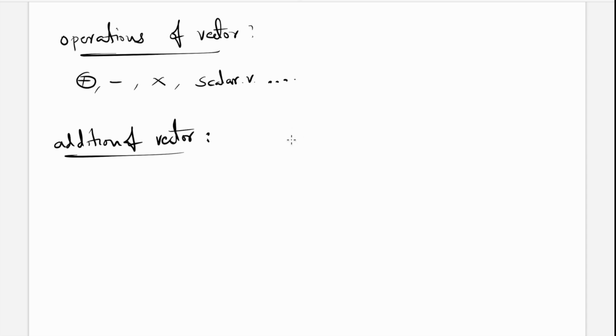As in our school days, we are familiar with addition. We simply add two numbers, like 1 plus 2 is equal to 3, 2 plus 4 is equal to 6, etc. It is the same with vectors.